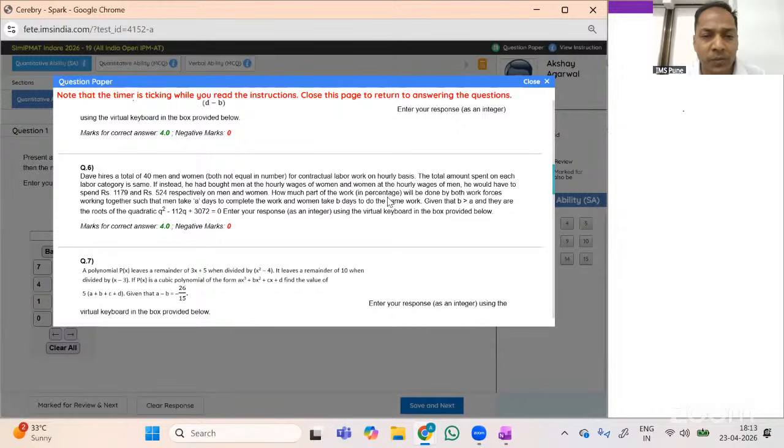How much part of the work in percentage will be done by both workforces working together, such that men take 8 days to complete the work and women do the same work, given that B greater than A, and they are the roots of the quadratic equation. This is the thing. I'll mark this one. Seems to be a little tricky, but I think this can be done.